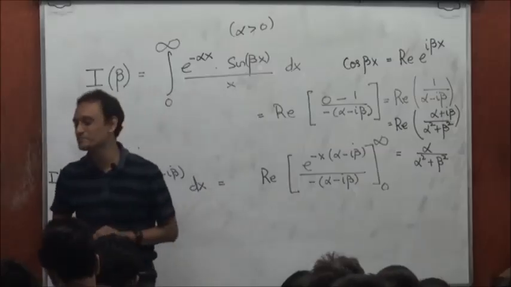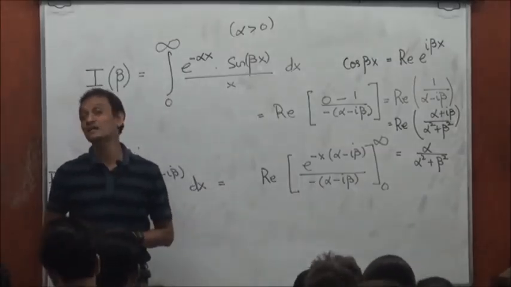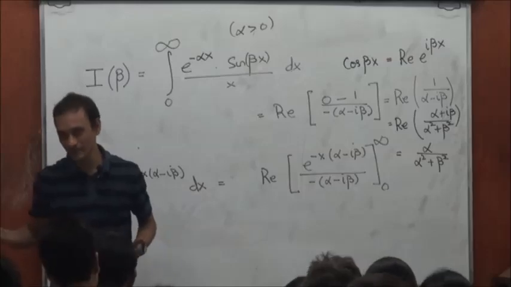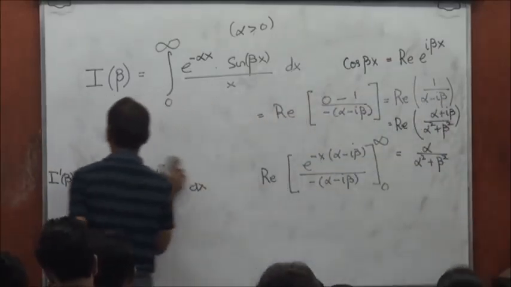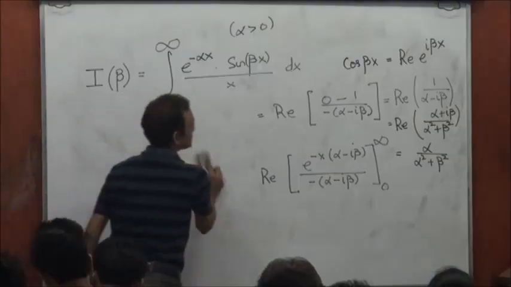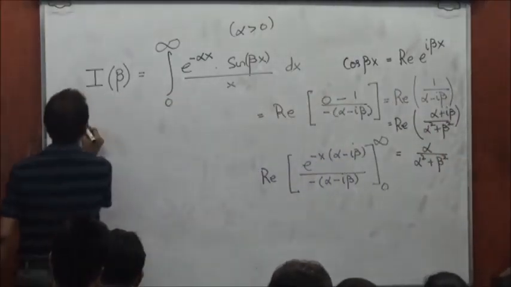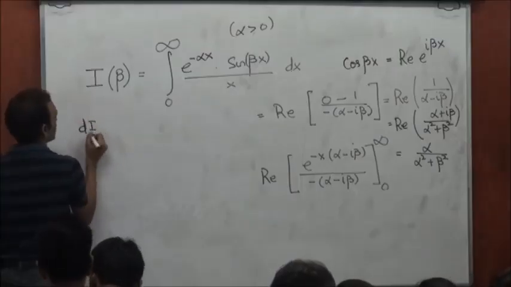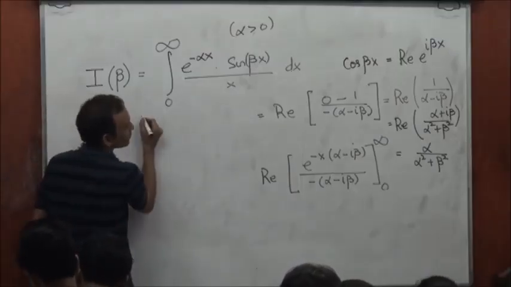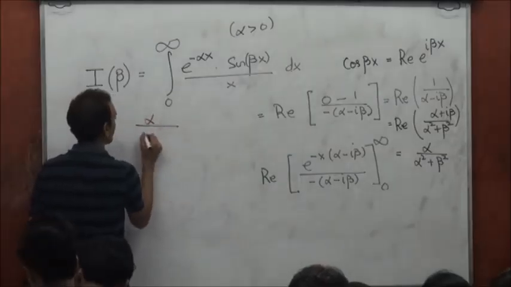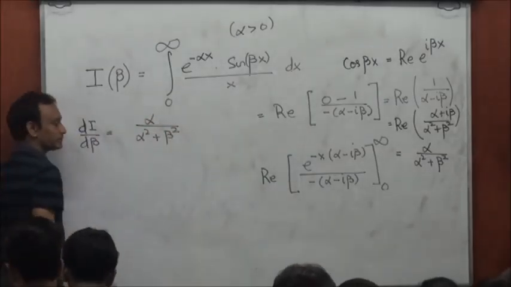Now that's I dash beta, and I'm intending to liberate I beta from there, right? I dash beta means dI d beta, which turns out to be alpha by alpha squared plus beta squared.